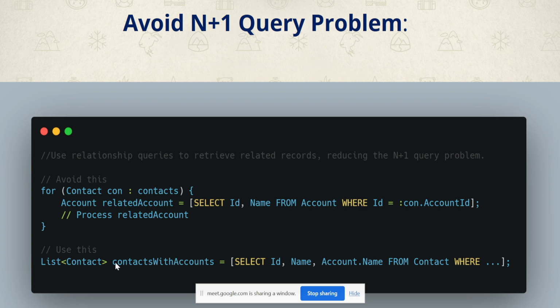Use the list of contacts with something like account.Name, using parent-to-child or child-to-parent queries. It always gives better performance than this code. This is another technique to increase your code performance. And always follow the best practices of your code, and bulkify your triggers.